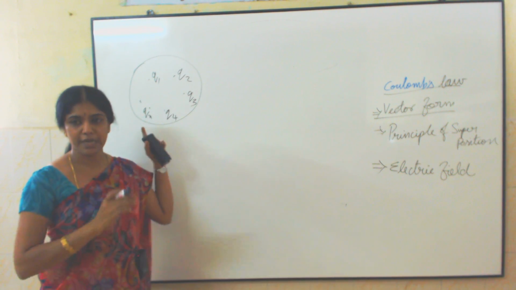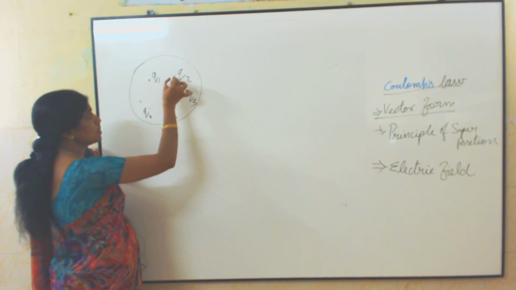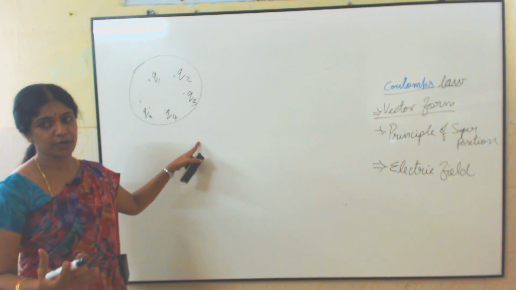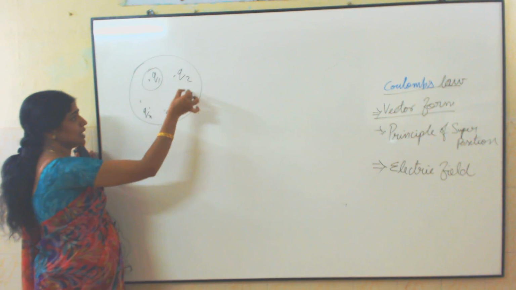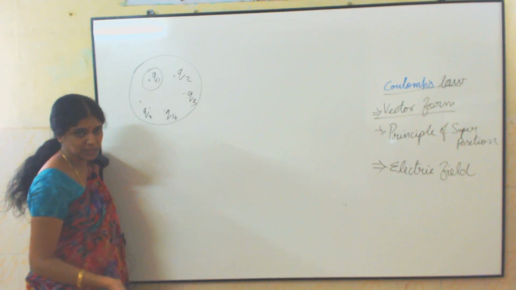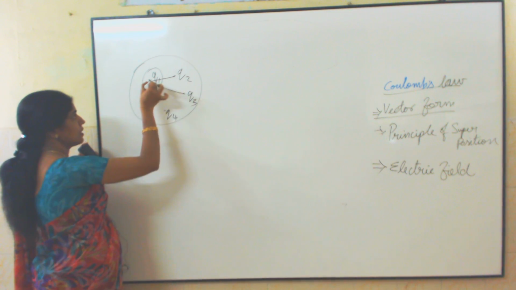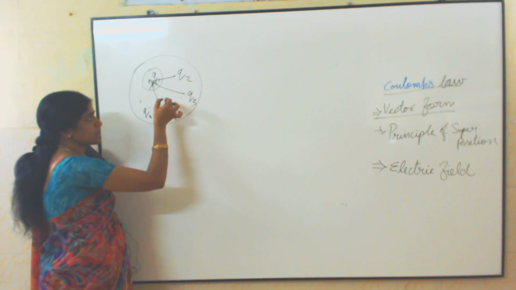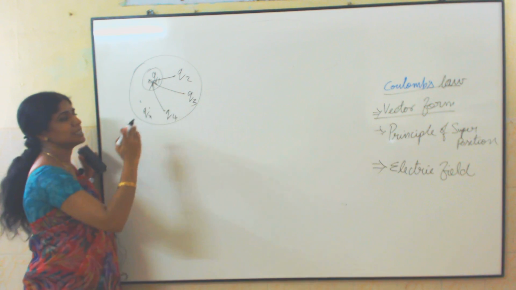I want to find the net force exerted on this charge Q1 due to the other charges present in the system. I can find the net force by taking the vector sum of all the forces exerted by the other charges separately.